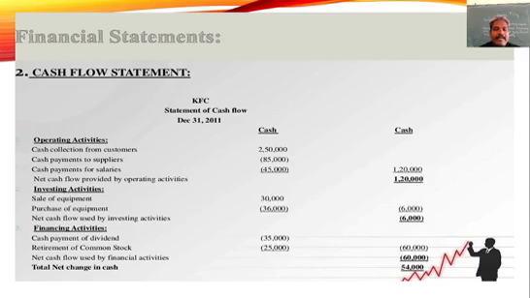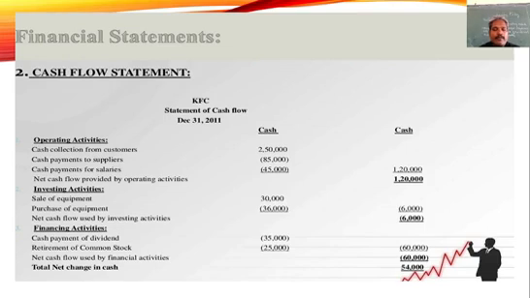Then investing activities: sale of equipment and purchase of equipment. That means if we sell some equipment, we will get cash. Purchase of equipment means we spend something. So the difference between these two activities gives the net cash flow used for investment activities. Then financing activities: cash payment of dividend, retirement of common stock.